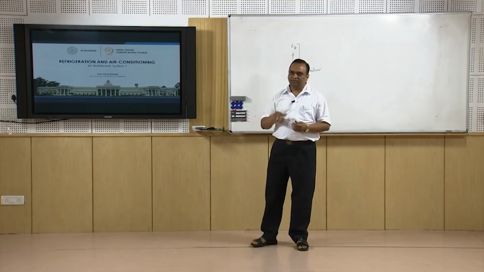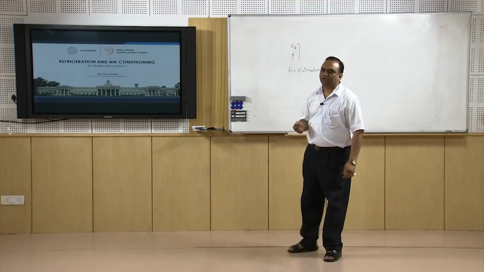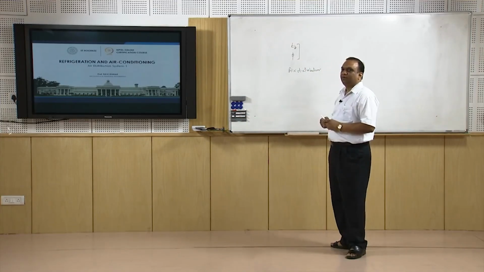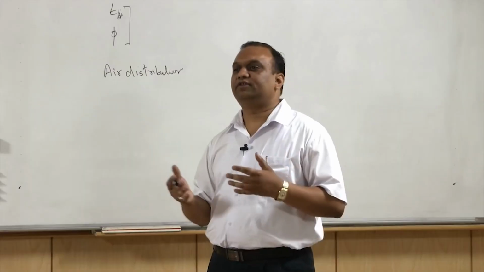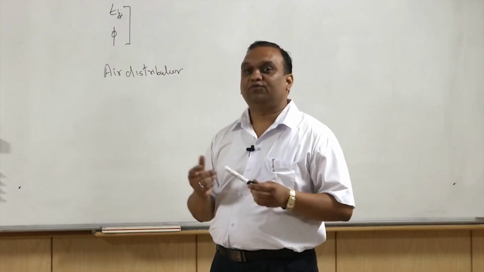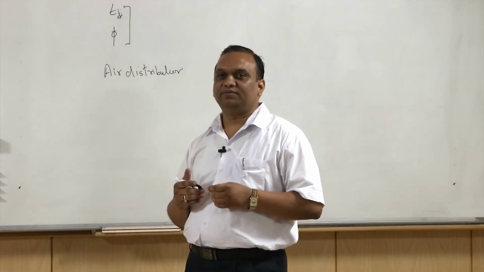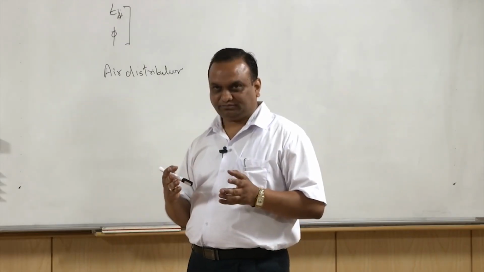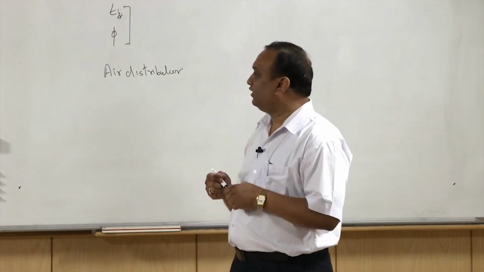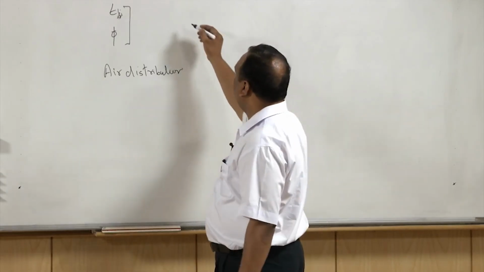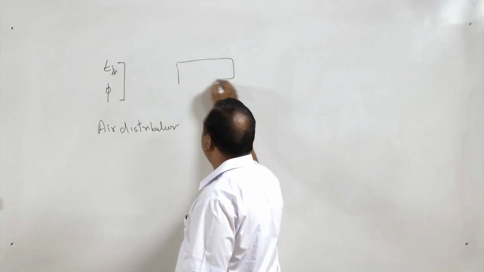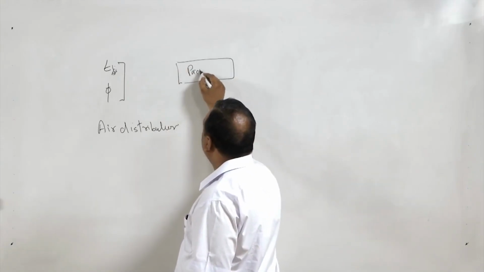One is the split AC or window type of AC. But if the cooling load in a building is, let us say, 5 kilowatt or 6 kilowatt, it is not recommended that you go for multiple units of window type AC. Instead of that, a package type of system is recommended.